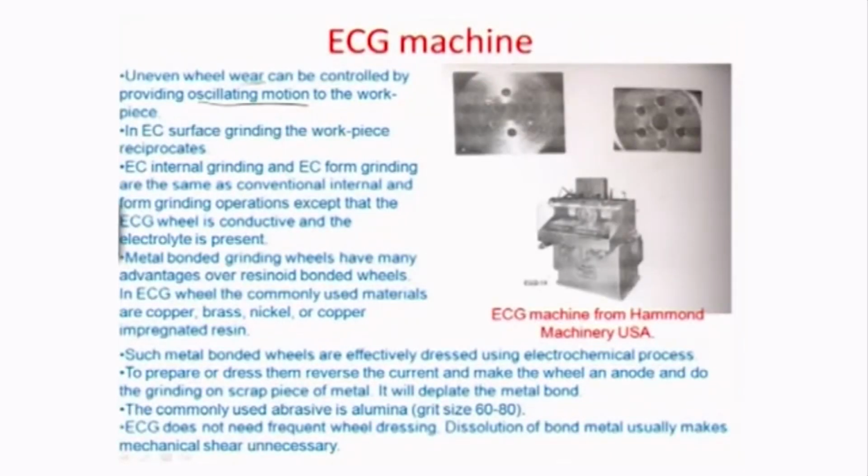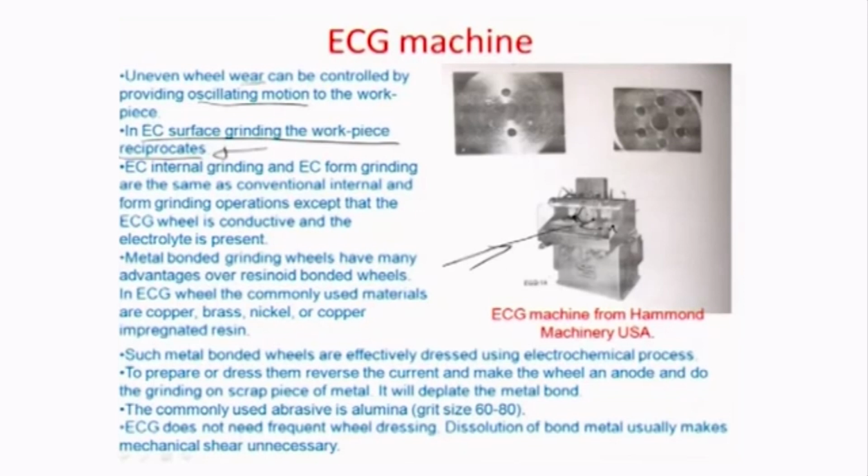So the ECG surface grinding typically necessitates the workpiece to reciprocate with respect to the tool. For example, this is a tool which is shown, where you can see this stage here which is containing the workpiece, and it has a rectilinear motion in both the x and minus x direction, okay, as the tool moves in clockwise or anti-clockwise direction.